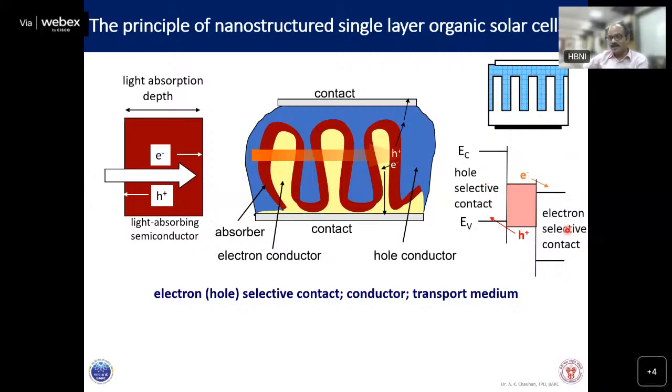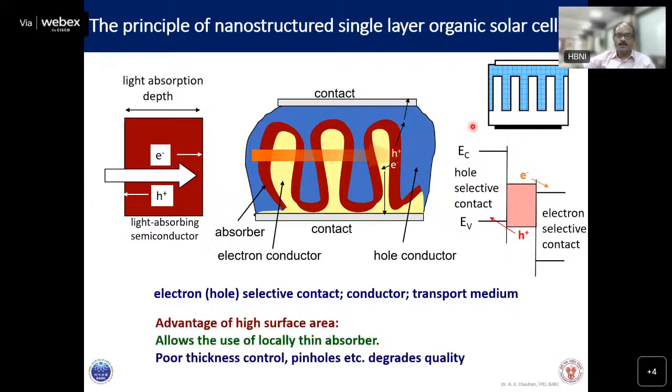Similarly, this material will block the hole transport, but at the same time it will facilitate the transport of electrons. So this way hole transporting materials and electron transporting materials are utilized. What are the advantages of this?